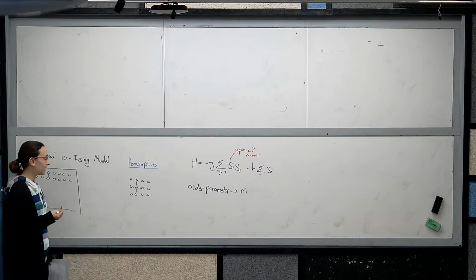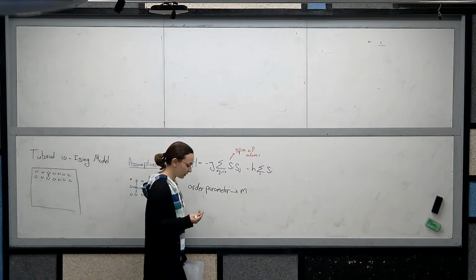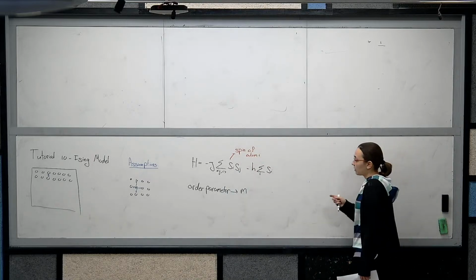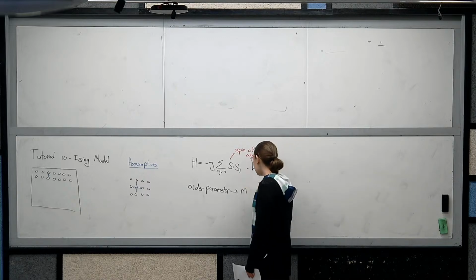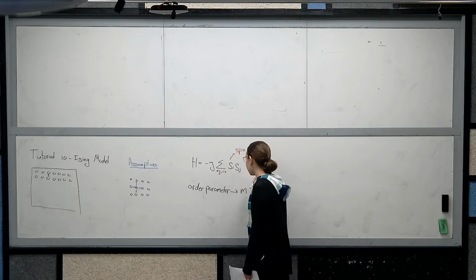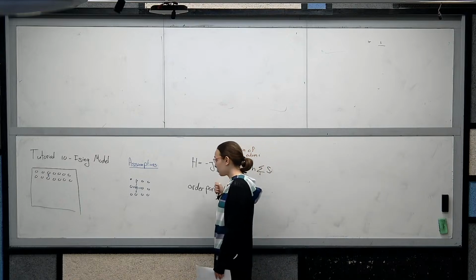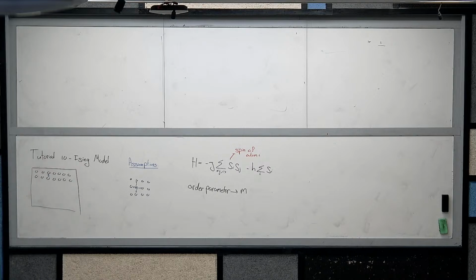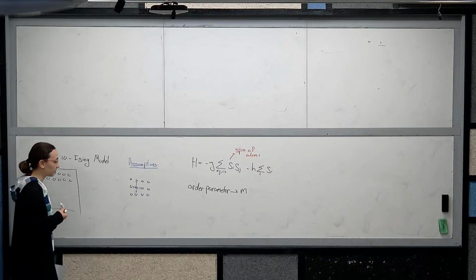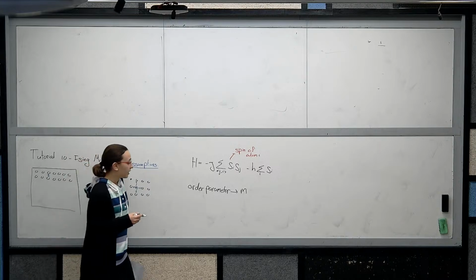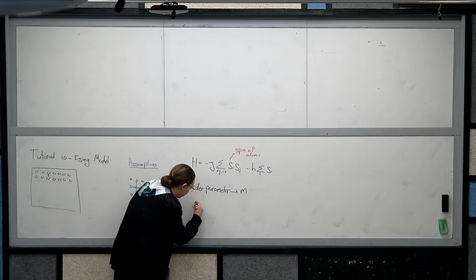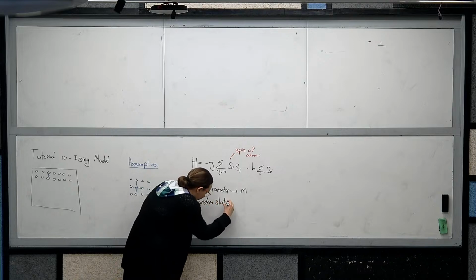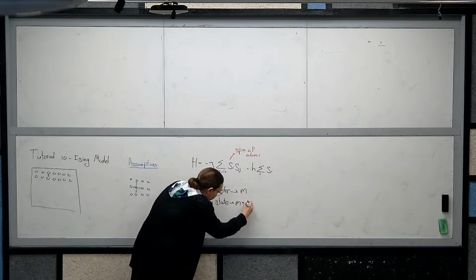So if the lattice is in some random state, without considering the energies, we can expect that 50% will be with spin up and 50% with spin down. So this is a totally random state, and then the order parameter will be equal to 0.